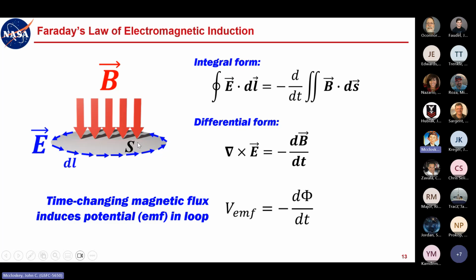So if you wrap your fingers of your right hand in that direction, your thumb will point upward, in the direction of the flux that will oppose the incident flux. So it is a function of loop area. That'll be a recurring theme here.